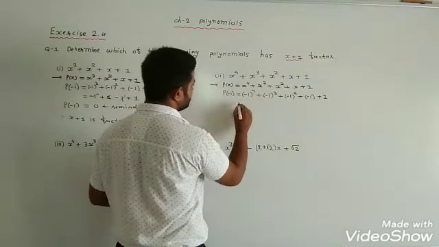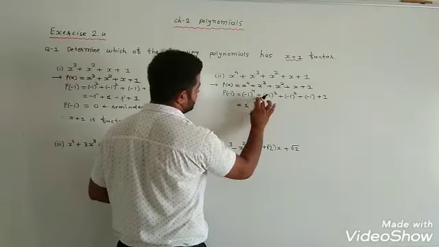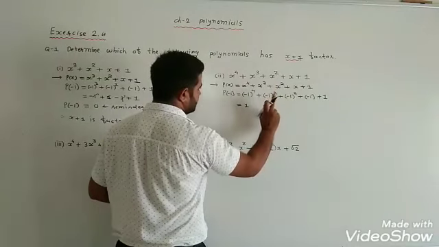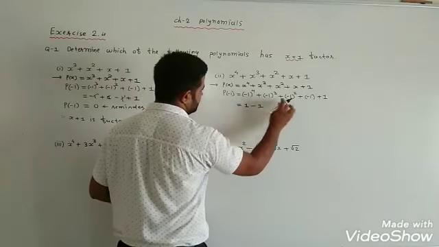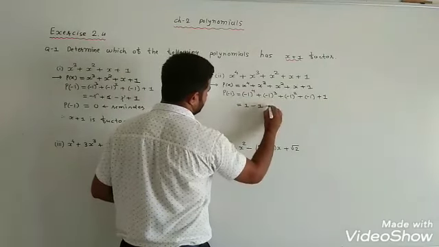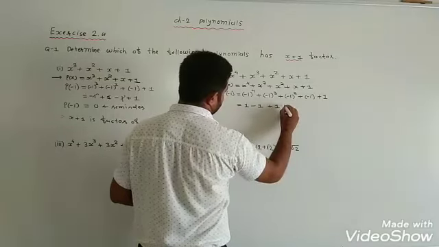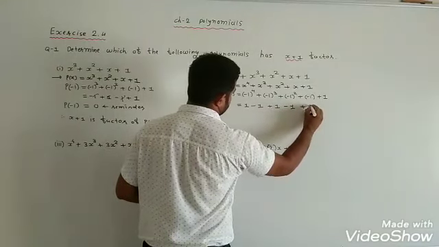Now minus 1 raised to 4 is plus 1. Minus 1 cube is minus 1, and minus 1 square is plus 1, then minus 1 and the last 1.